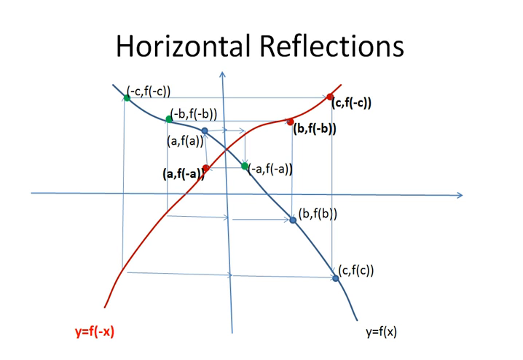If we do the same for all points in y equals f of x, then we get the new function y equals f of the opposite of x. We see that the graph of y equals f of x has been reflected horizontally across the y-axis to get y equals f of the opposite of x.